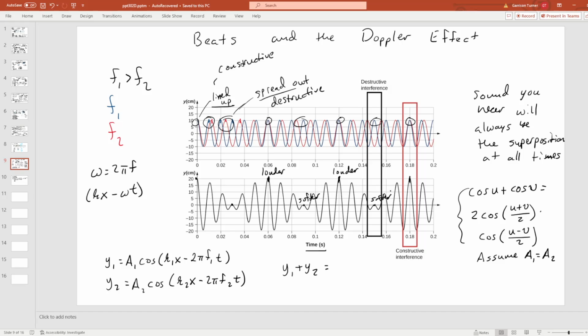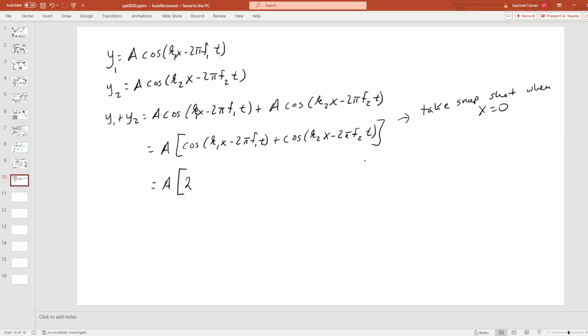So that's why we're keeping t as a variable and evaluating what's going on at a specific point in space. We take our snapshot when x equals 0, and at that point the minus signs don't really matter, and we'll see why in just a moment.